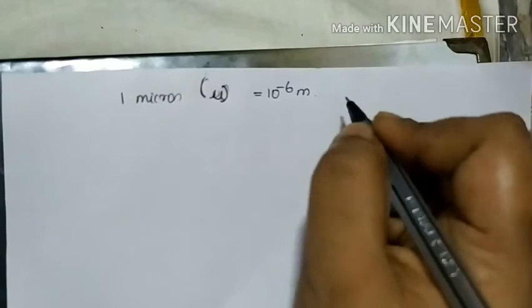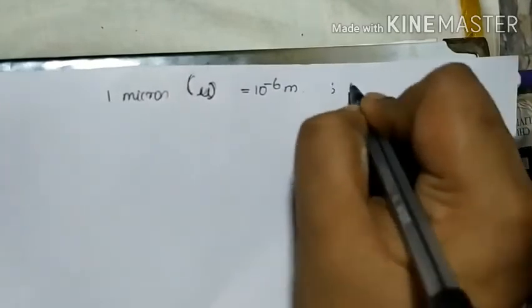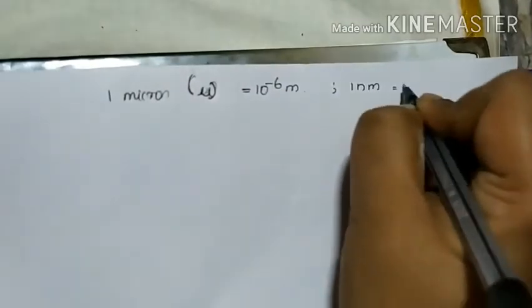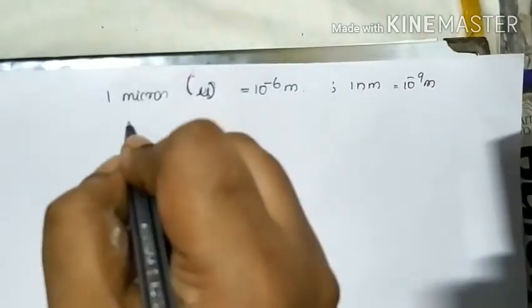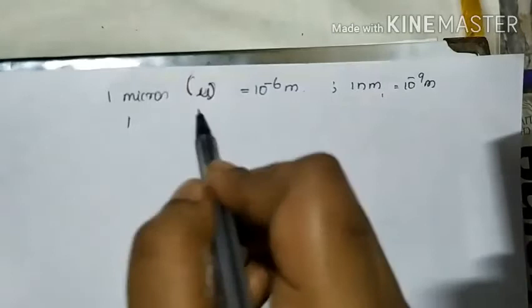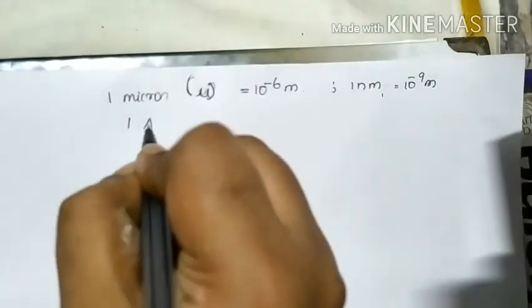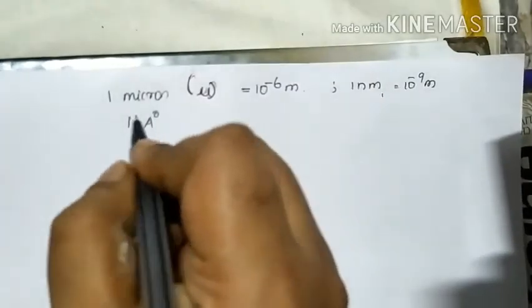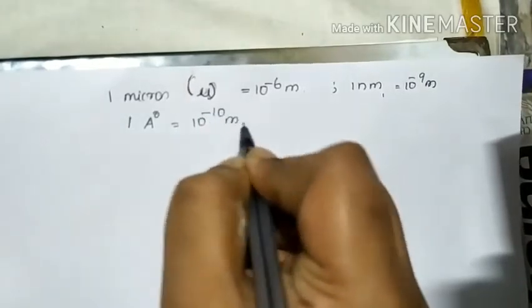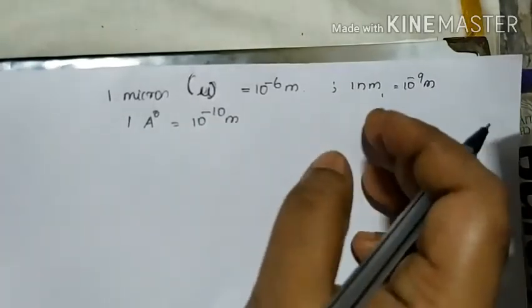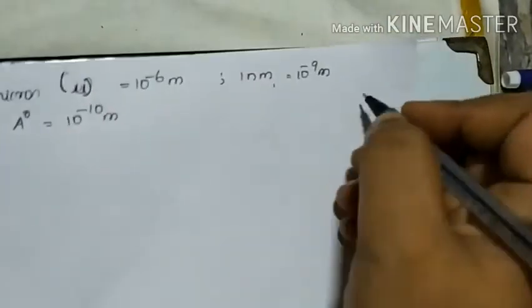This you know, right? Similarly, 1 nanometer is equal to 10 to the power minus 9 meter. These two terms you know. The new term, which some of you might know: 1 Angstrom is equal to 10 to the power minus 10 meter. I will give you an example.